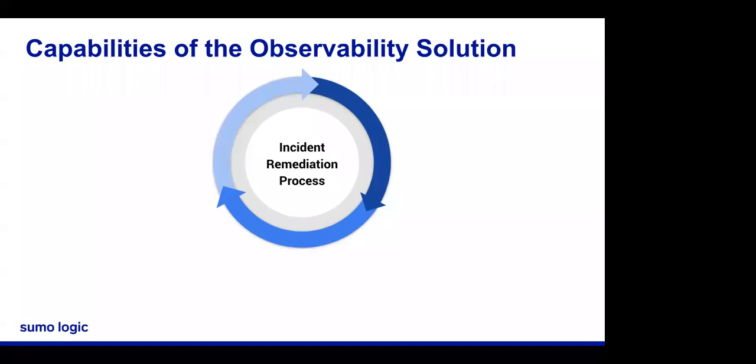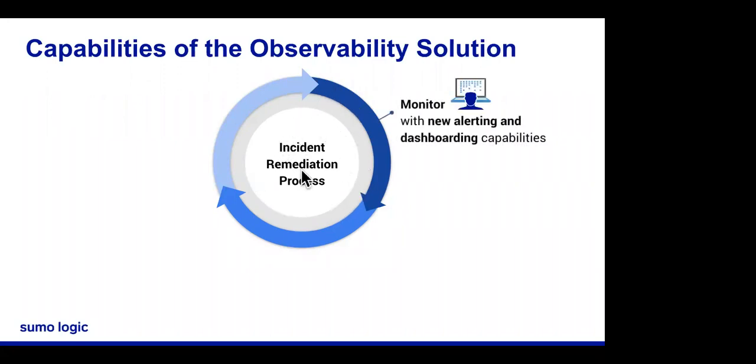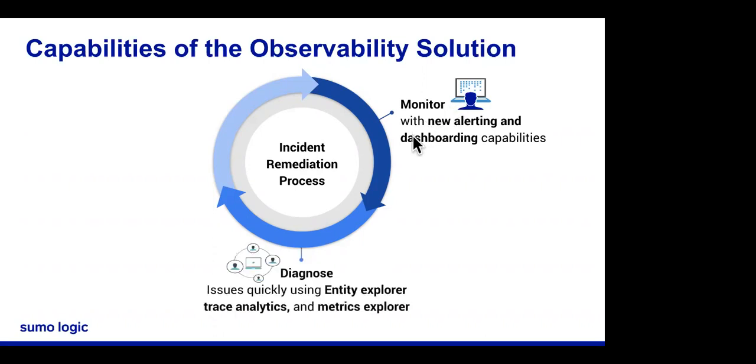All right. So here we are talking about the capabilities of our observability solution, right? And obviously our goal here is to do some sort of incident remediation process. Again, we talked about monitoring earlier. We have alerting and dashboarding capabilities that allow us to see whether a problem has occurred. Then we're going to use things like our Entity Explorer, a new tool, our Trace Analytics, a new tool, and our Metric Explorer to be able to diagnose and to see what's happening.